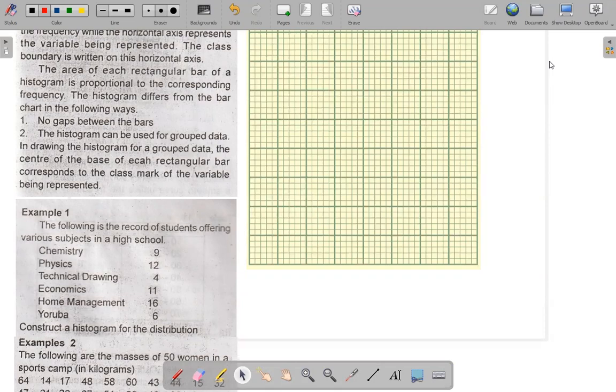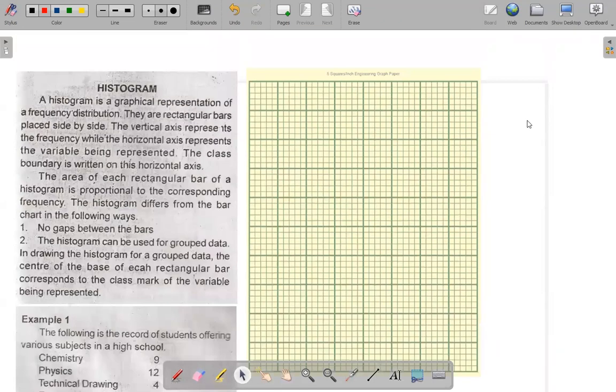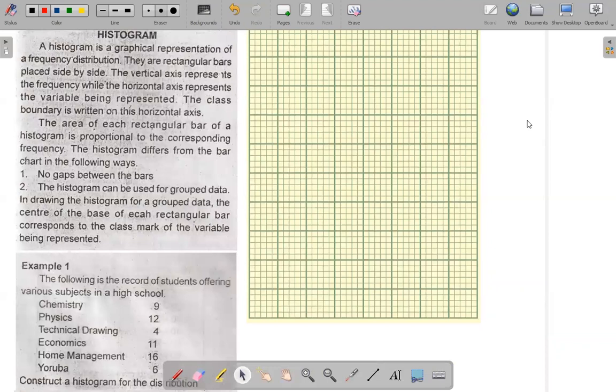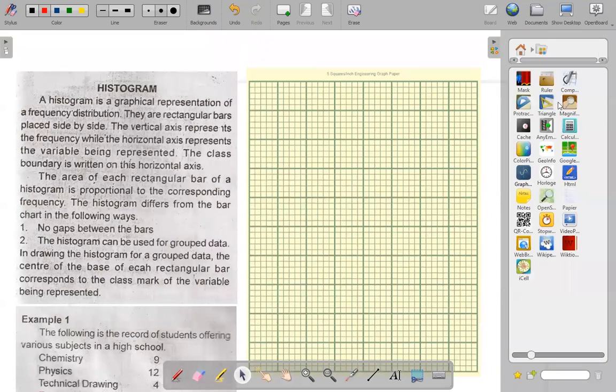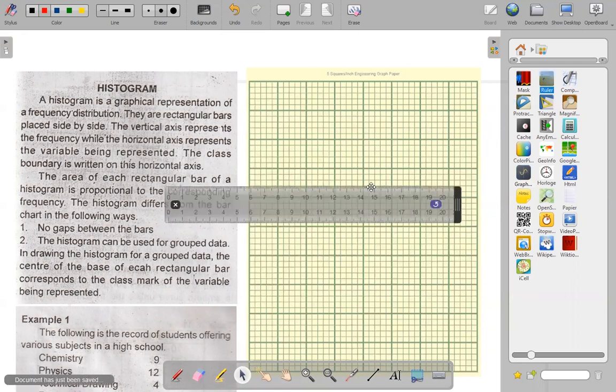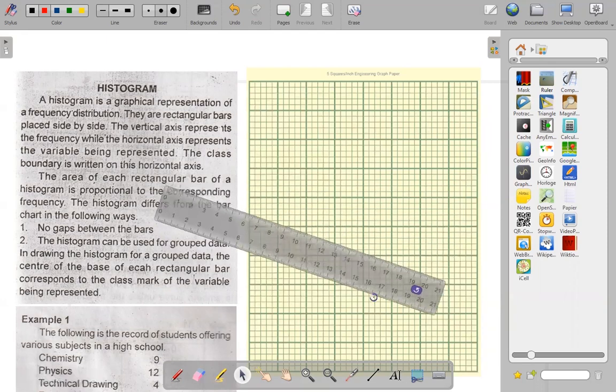So I'm going to make use of this graph on the board to construct the histogram representing this data. Like we said, a histogram is a kind of graph whereby we have rectangular bars representing the size of the data. But the rectangular bars have no spaces in between them. So we need a ruler to do that.